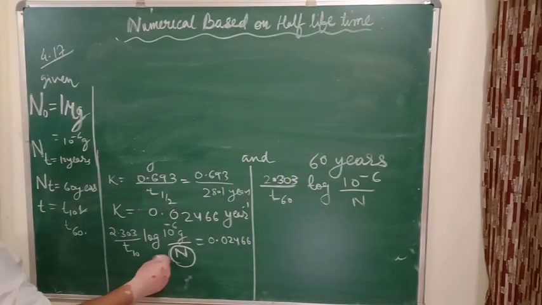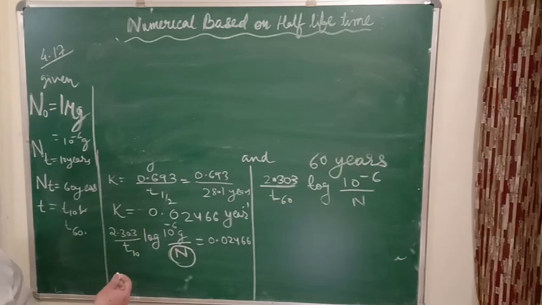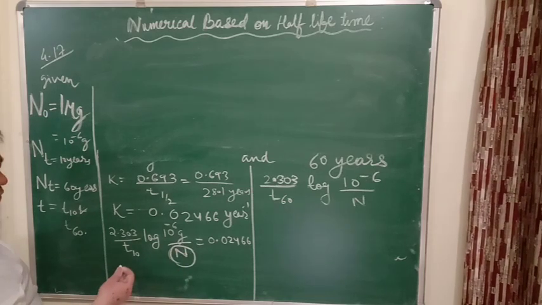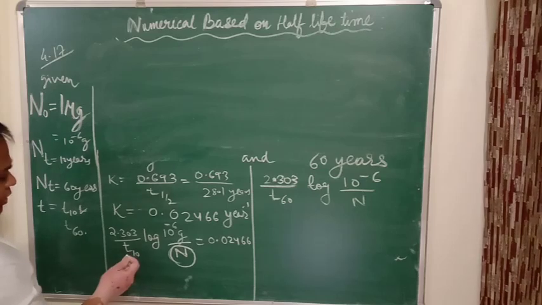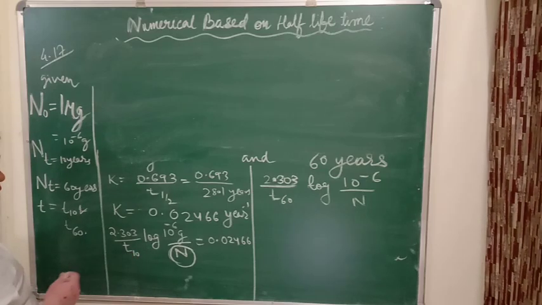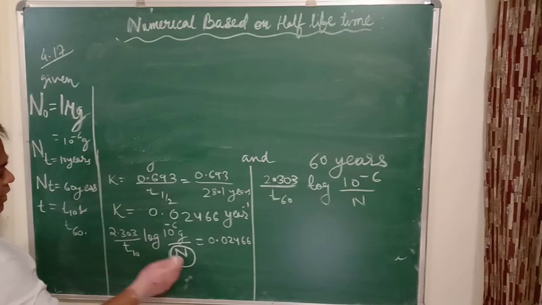If I have to find N, t is known to us as 10 years, so we put 10 over here, and this N we have to find out.